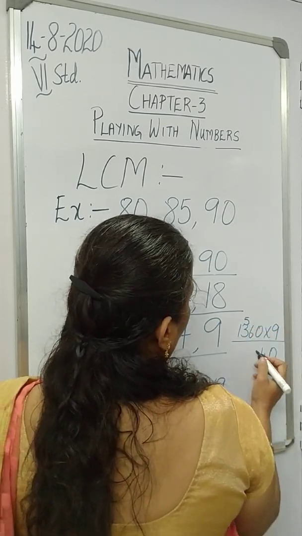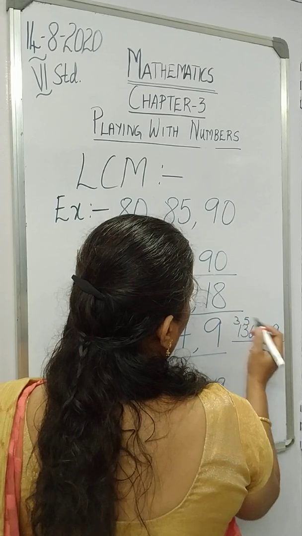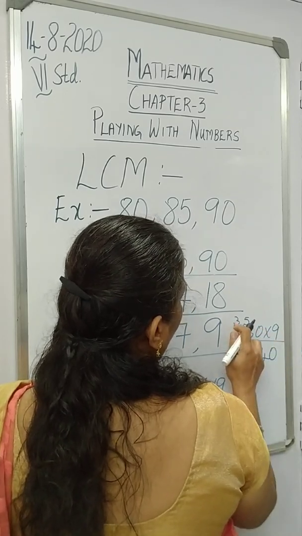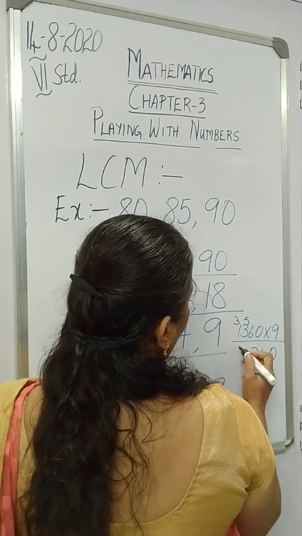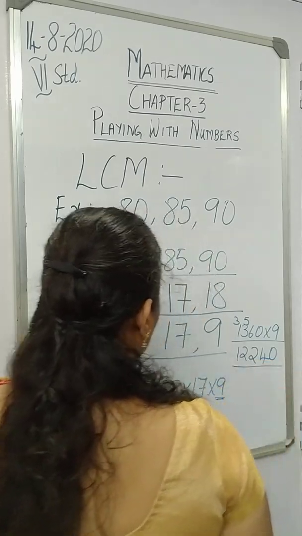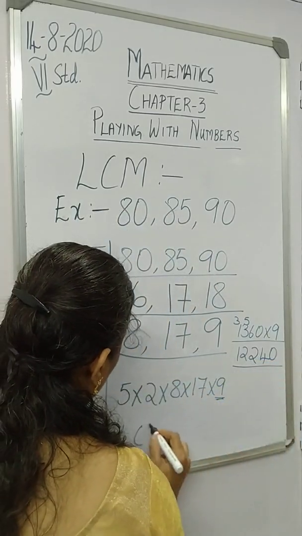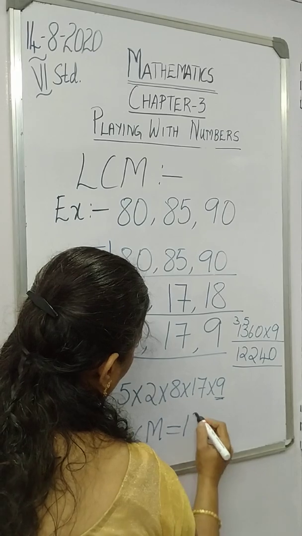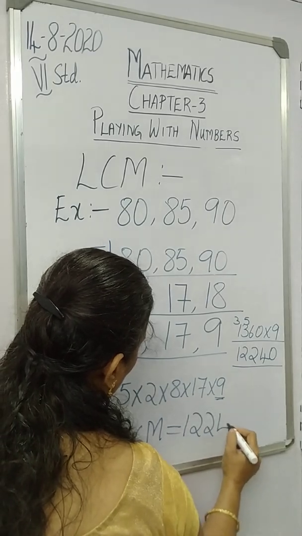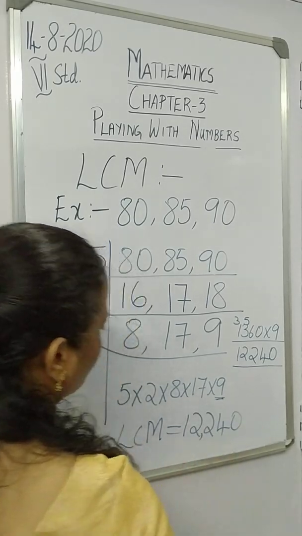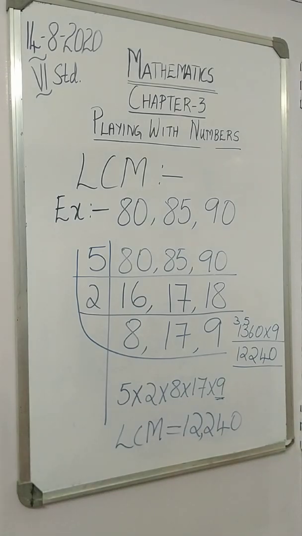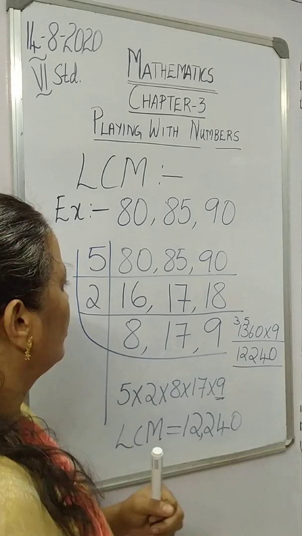Plus 5 is 32. 2, 3 carry. 9 1s are 9. Plus 3 is 12. So the LCM is, yes, LCM is 12240, that is 12,240. Yes, hope it is clear, children.